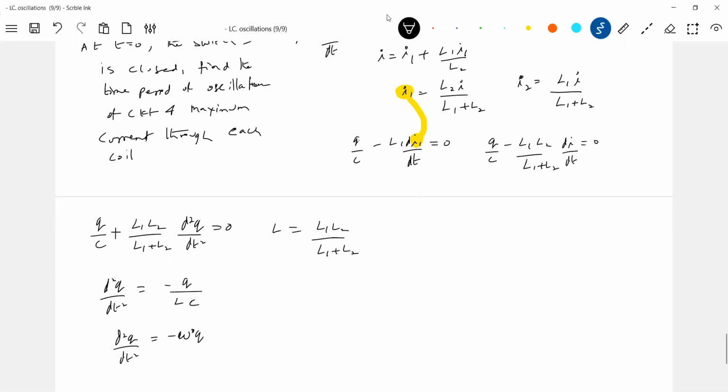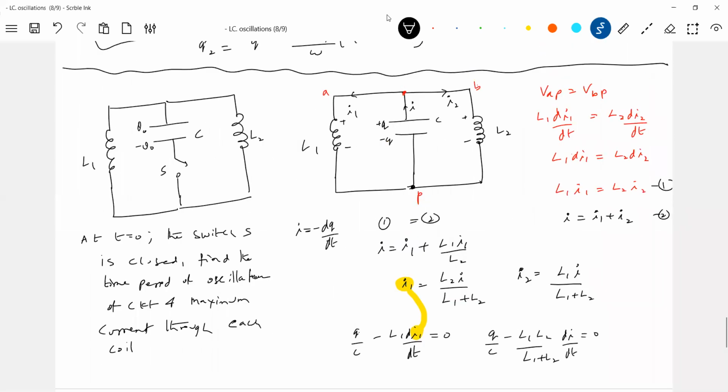Sir, are we not supposed to consider mutual inductance? If they mention mutual inductance, consider it; otherwise leave it. Because mutual inductance depends upon how the coils are separated, no?